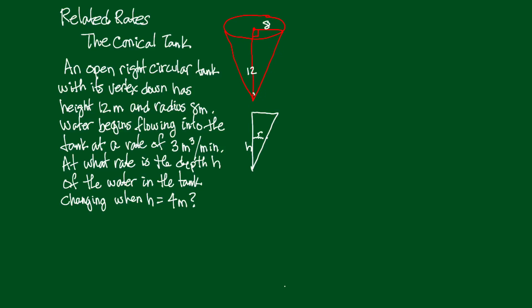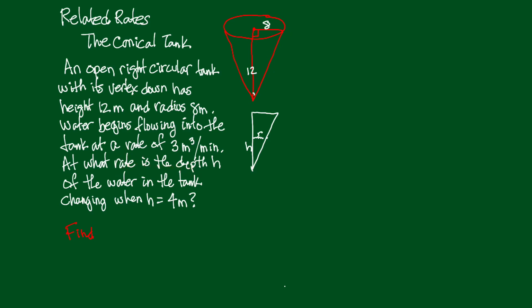So let's write what we're looking for and what we have. What I want to do is find what? It says this: at what rate is the depth, H, of the water changing when H is equal to 4? All right, so what rate, that's a derivative, is the depth of the water changing.